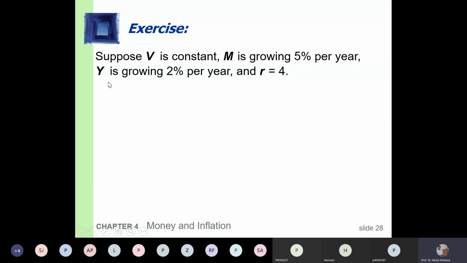Real output Y is growing at 2%, and the real interest rate equals 4. Now the question is, what would be the nominal interest rate? Just calculate the nominal interest rate and write your answer in the chat.